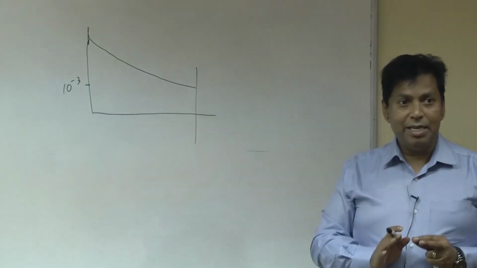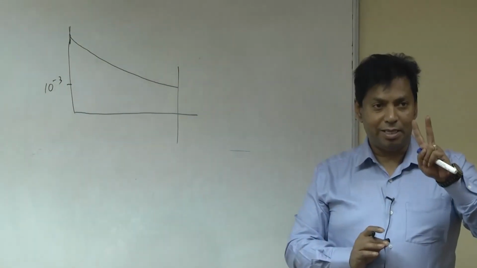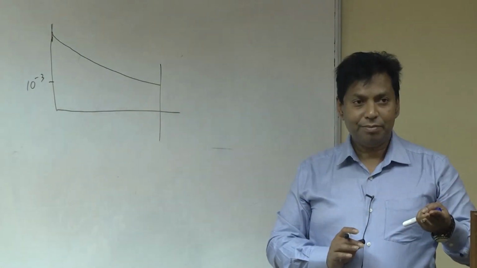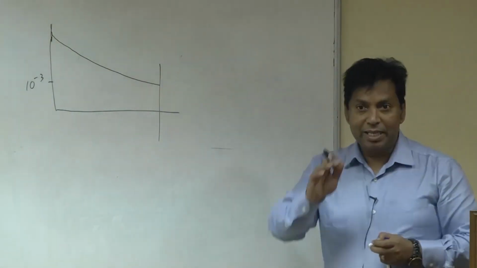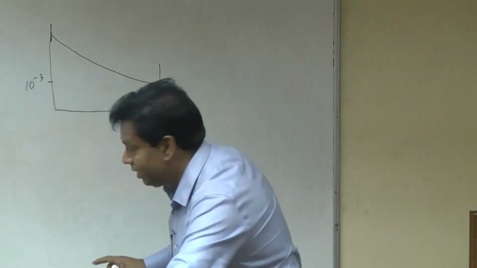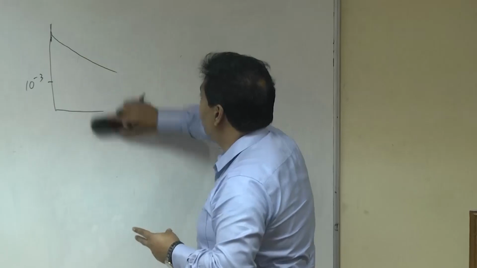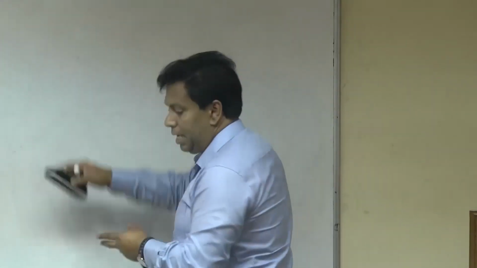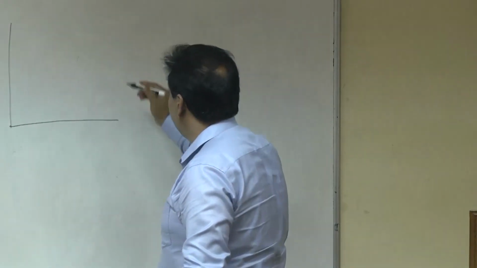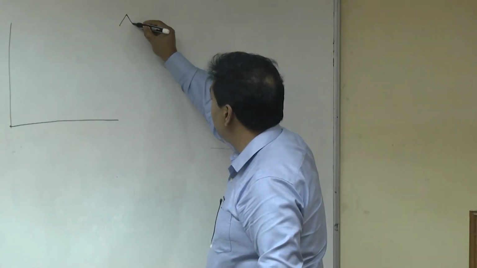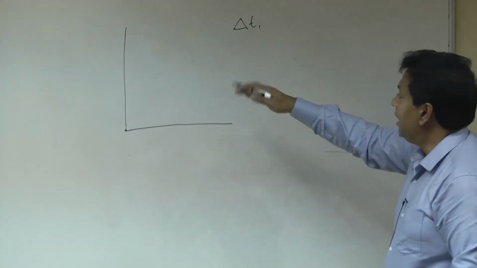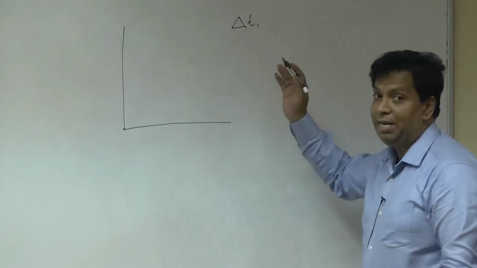And for the unsteady case, we have actually two types of iteration: one called inner iteration and one called outer iteration. So it is different. That's why it looks like a pulsatile. So this is steady state, and for the transient case you have two things: delta t, the time step, and the iterations per time step.